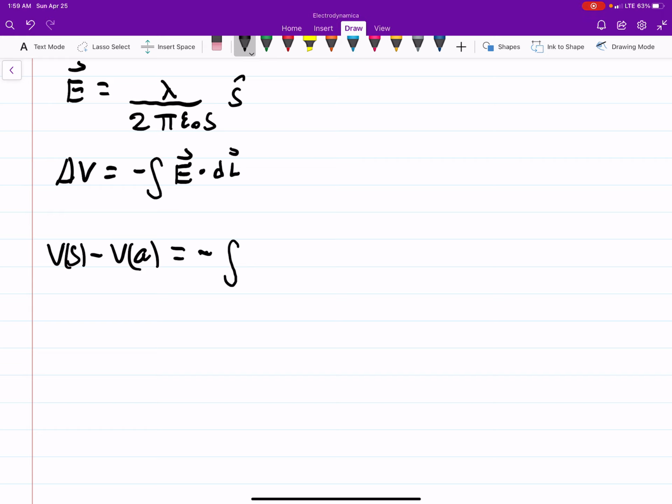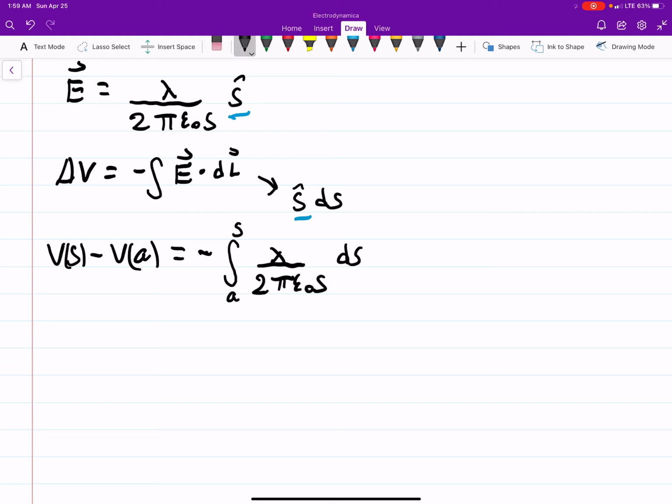Minus the integral from A to S, lambda over 2 pi epsilon naught S ds. So dL in this case would be S hat ds. So that's what's happening to our S hats here.